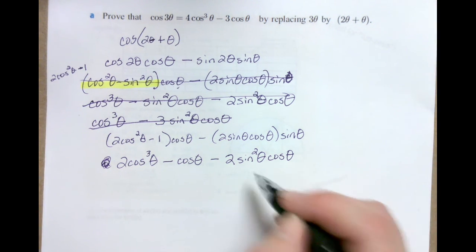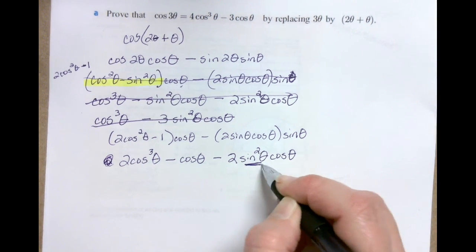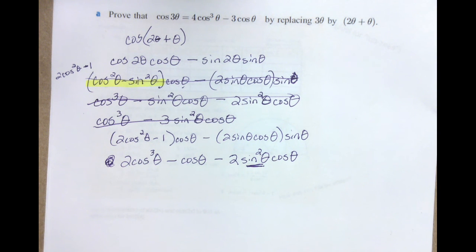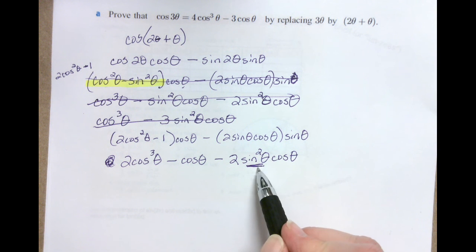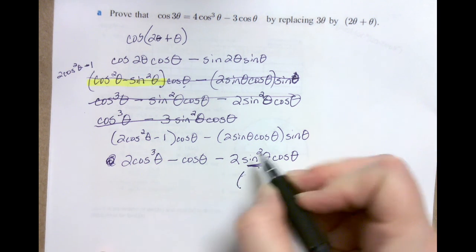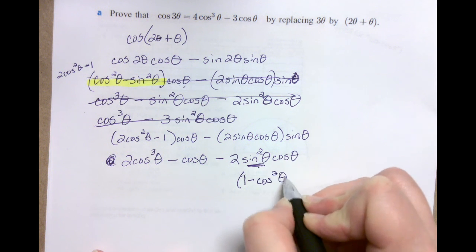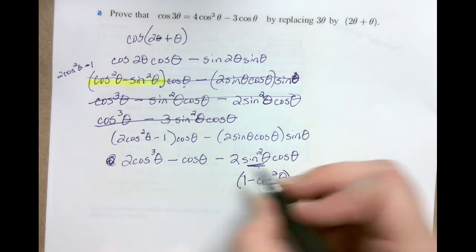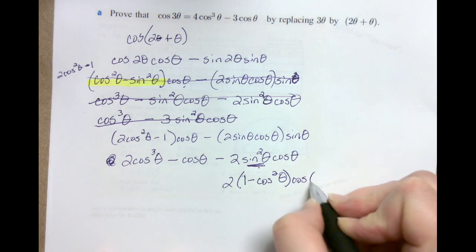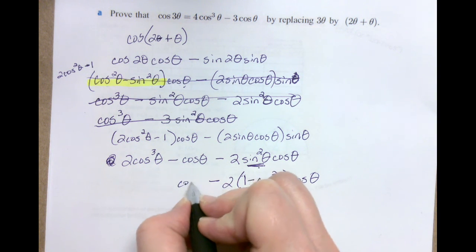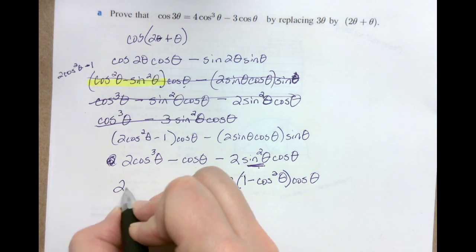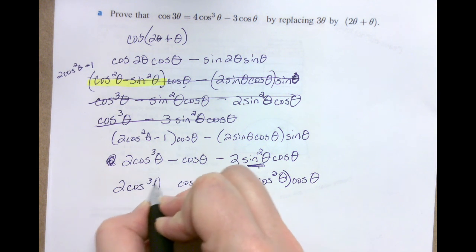Now, who doesn't belong? Okay. So instead of sine squared theta, what can I change that to? 1 minus cosine squared theta. And the bell is about to ring. I know this. So check this out.